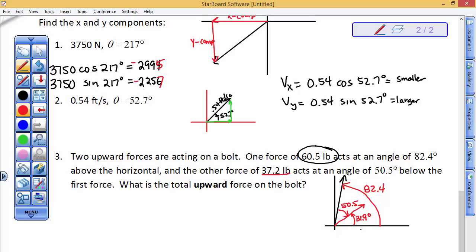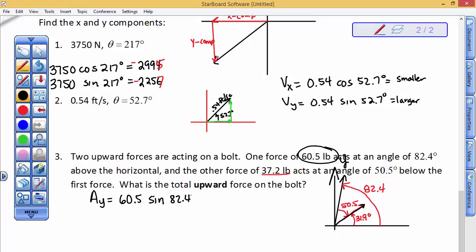It wants to know what the total upward force is on the bolt. Now both of these vectors are pulling on the bolt. An upward force would be something that's going in the y direction. So what I want is the y components of each of these. Let's call the first one A. The magnitude of that vector is 60.5 pounds, and the angle is 82.4 degrees.